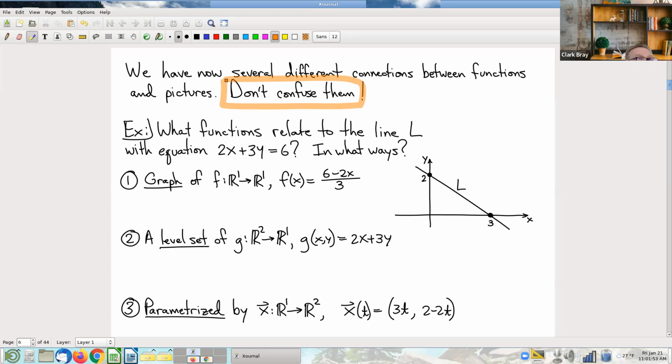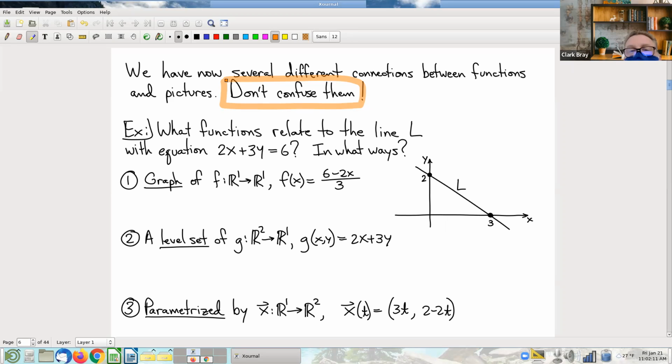If you look at the wrong function, you're going to get wrong answers. So in a situation where you need to know that this picture is the graph of something, if you look at the function that it's the level set of, then you're out of luck.